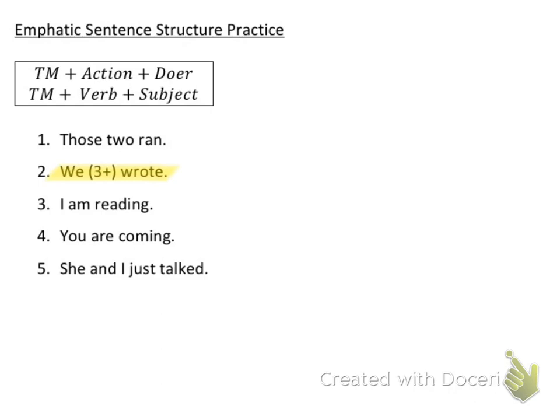Again, the first thing that I need to know is what tense am I speaking in? And again, this is the past tense. Wrote is in the past. So again, I could use sa or na. Sa in this case is a little bit more correct. And again, don't worry about the difference between the two at this point.